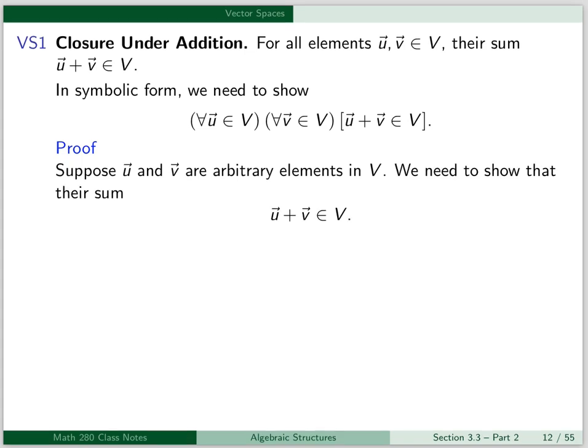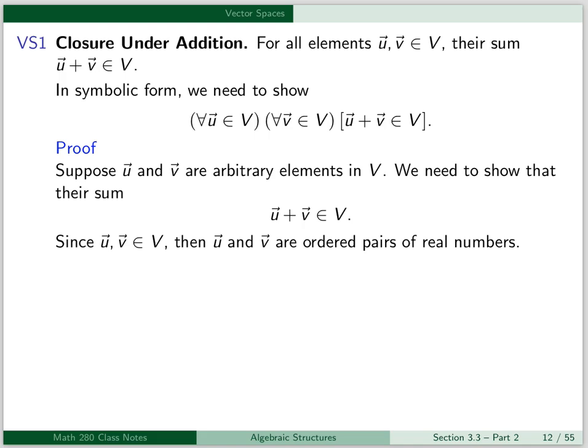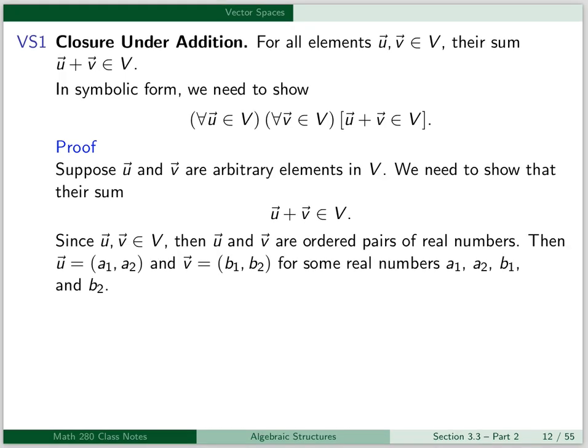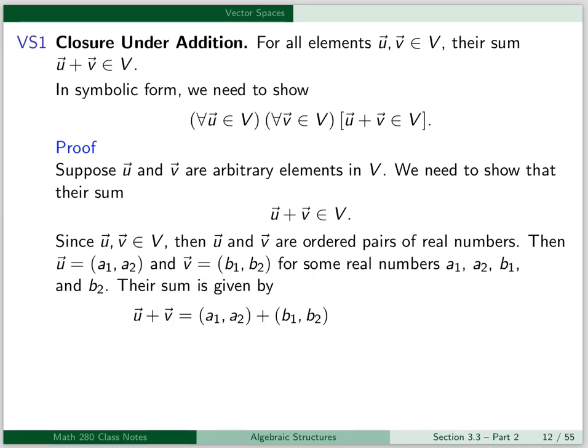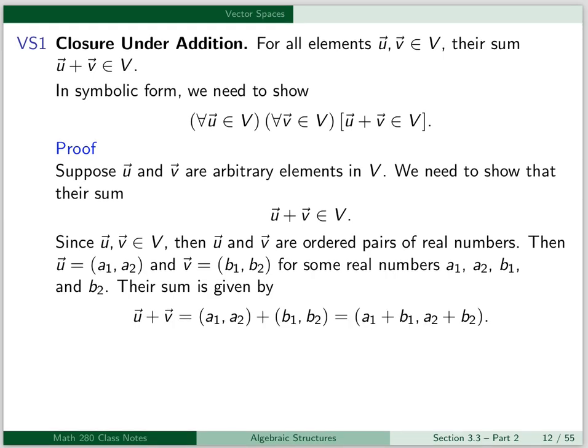in V. Now since u and v are in V, this means that u and v are ordered pairs of real numbers. So therefore, u is equal to (a1, a2), and v is equal to (b1, b2) for some real numbers a1, a2, b1, and b2. Their sum is then given by u plus v is (a1, a2) plus (b1, b2), which is equal to (a1 plus b1, a2 plus b2).